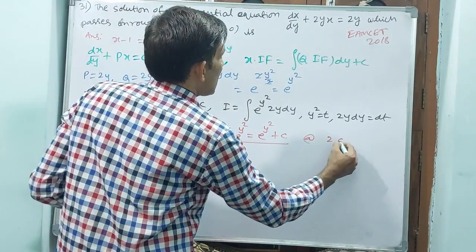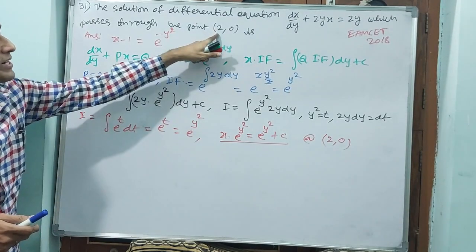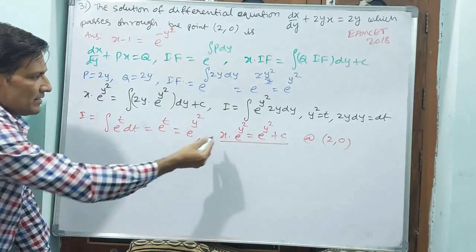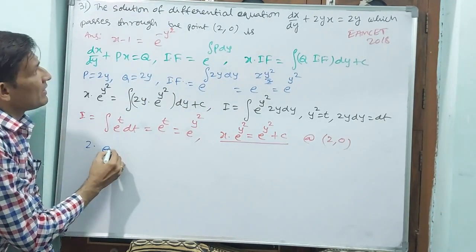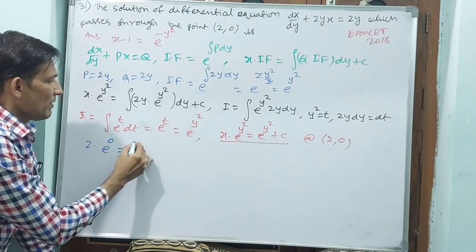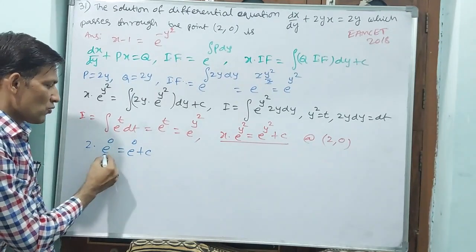The x coordinate is 2 and the y coordinate is 0, so wherever y is 0 and x is 2, you substitute it. X is 2, that means 2 into e power 0, y square is 0, is equal to e power 0 plus c.